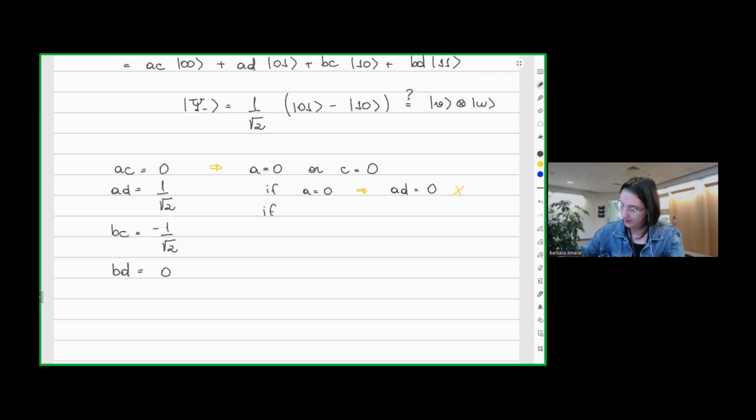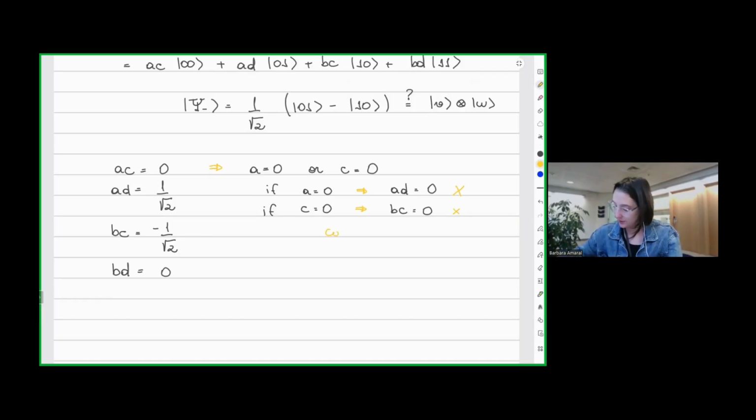If c is equal to 0, then bc would be equal to 0, which is also impossible because this is equal to minus 1 over square root of 2.